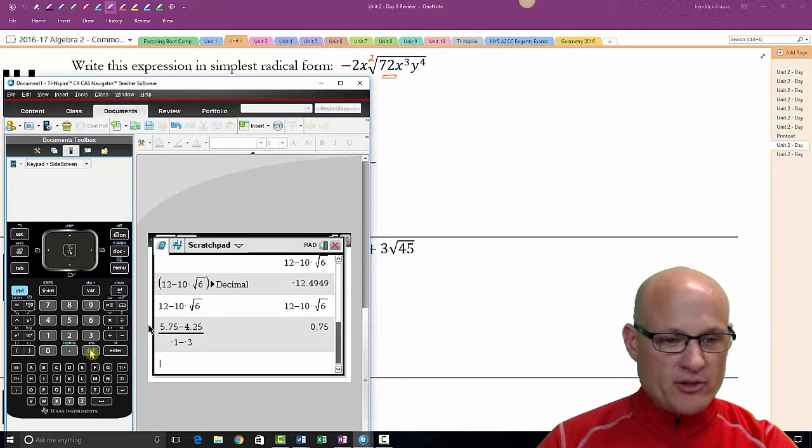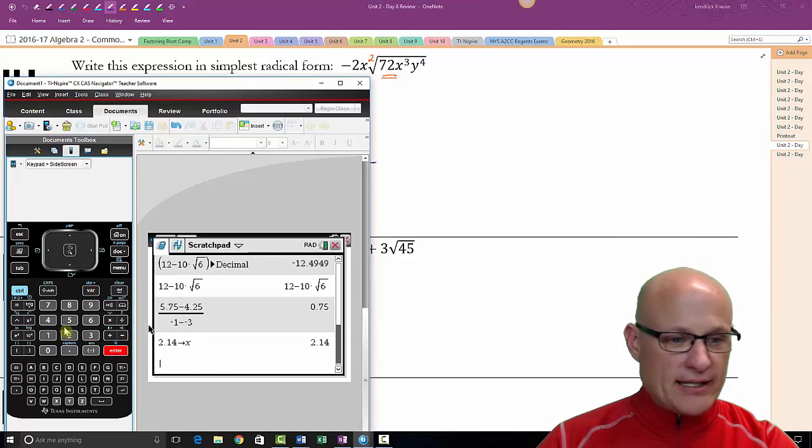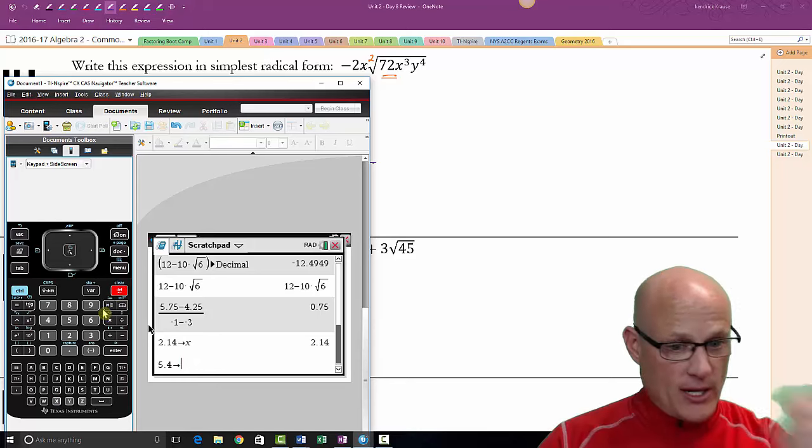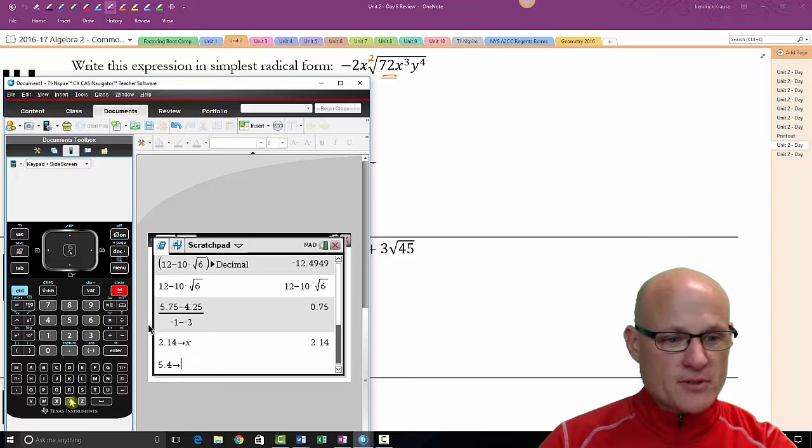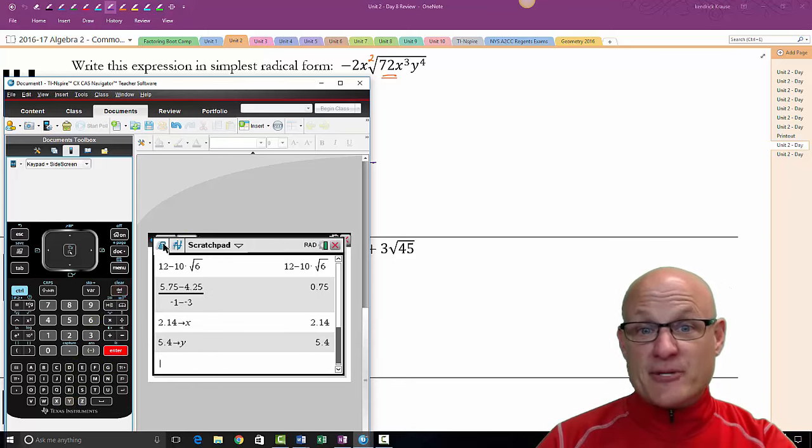It may turn out weird, so I'm going to do 2.154 store x. I always pick weird values. And then y, let's say y is 5.4, store y. Enter. So now I'm going to type in the original problem.